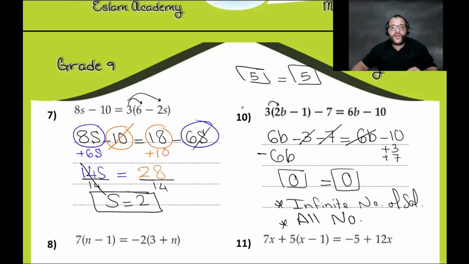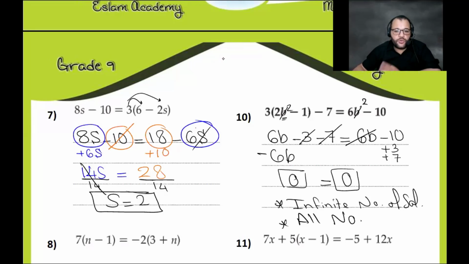If you replace b with any number, you will find that the left-hand side will be equal to the right-hand side. Choose any number. Say 2. So if I replace b here with 2, and here with 2, we can check.